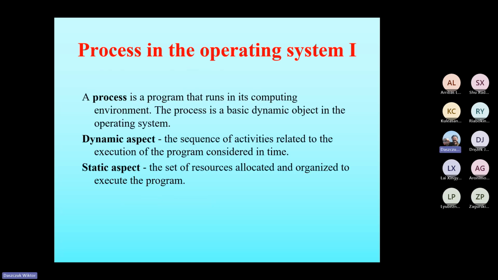A process has two meanings. First is the dynamic sequence of operations performed under control of the operating system, just the sequence of processor instructions. The static aspect is the set of resources collected to let the process run.